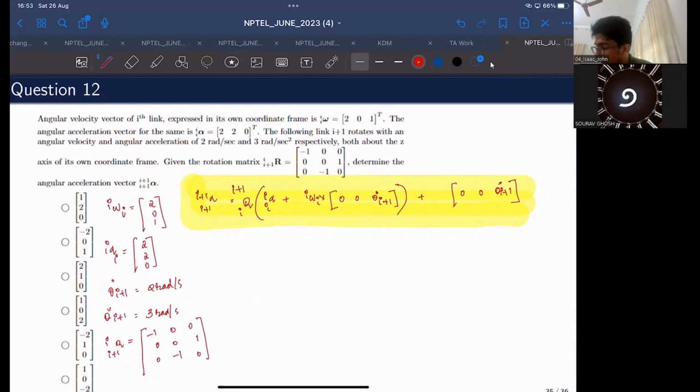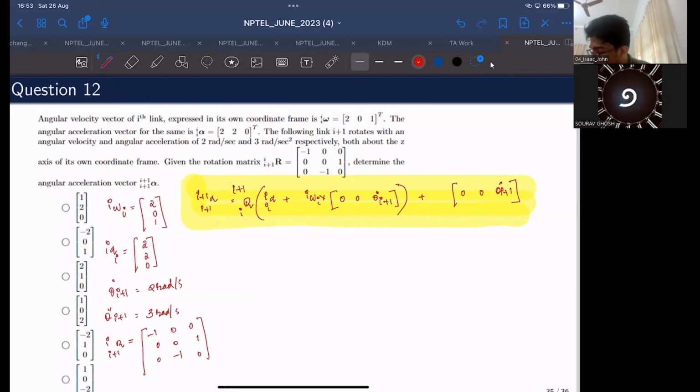So what do we have? i alpha i, in this question, we have that to be 2, 0. Before that, we'll first evaluate the cross product. We'll evaluate this term, the cross product.